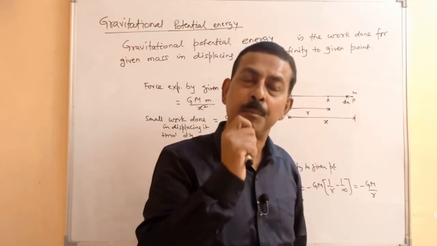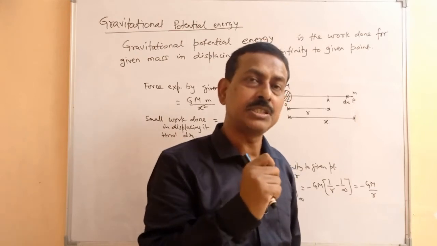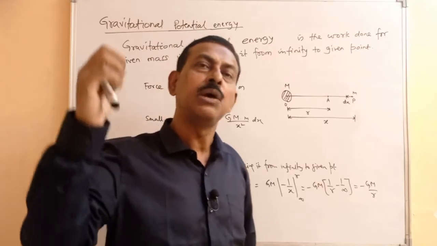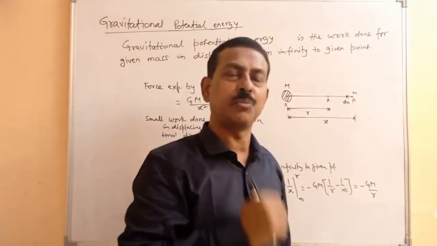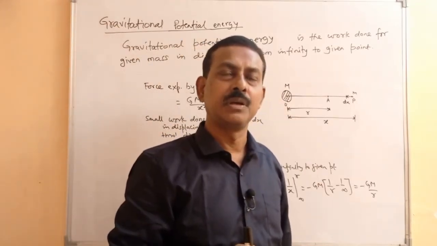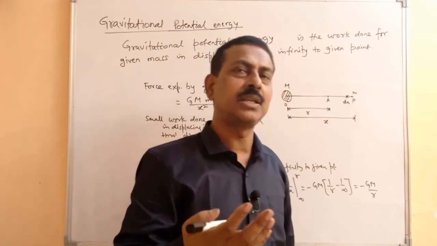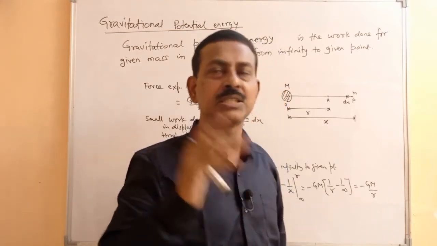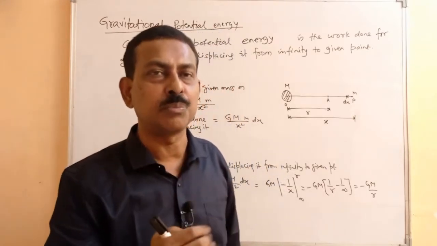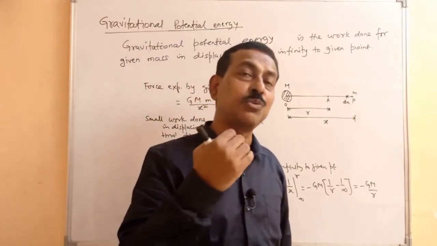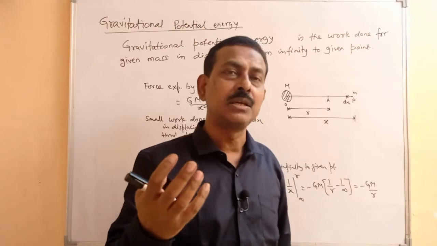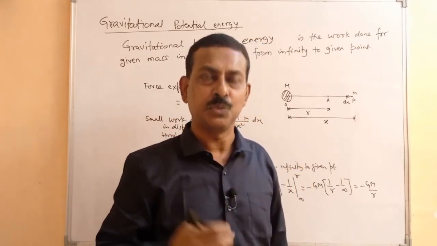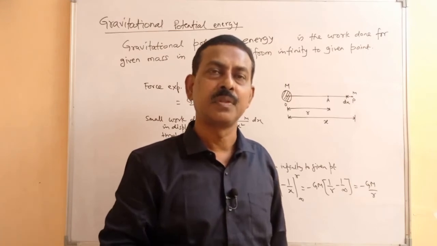But gravitational potential energy is the work done in displacing a given body from infinity to the given point. So you can easily understand that if you know the work done per unit test mass in displacing it from infinity to a given point, then to find the work done for a given mass, we can simply multiply gravitational potential by the mass of the body which is to be displaced.